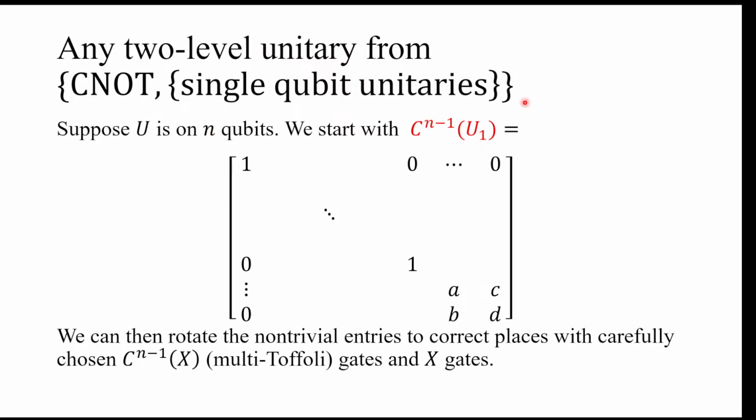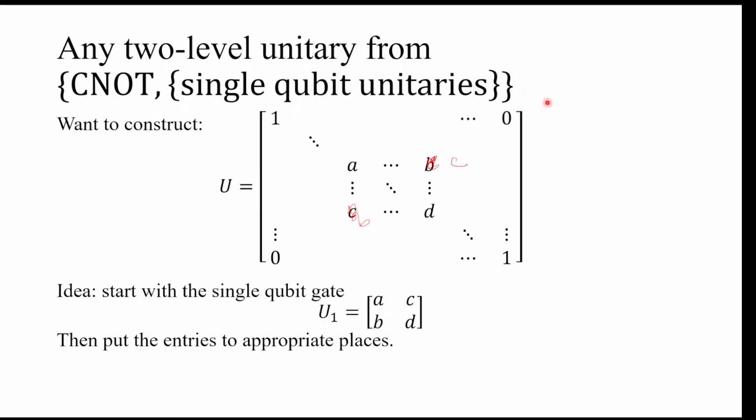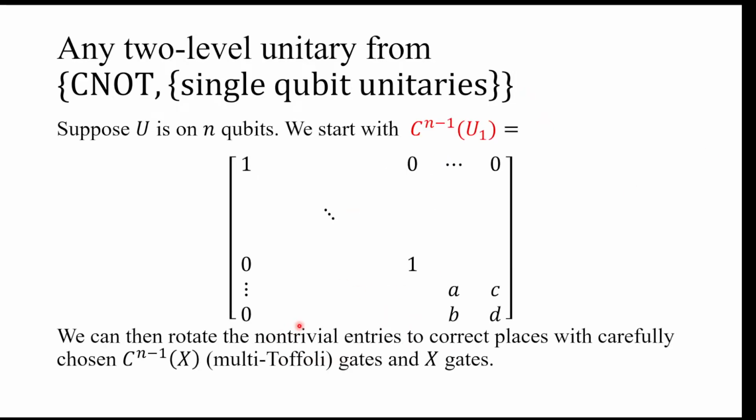Knowing that U1 is a 1 qubit gate, and suppose our U is an n qubit gate, we want to start with a control on all other n-1 qubits and U1. Okay. And then this is a two-level unitary.